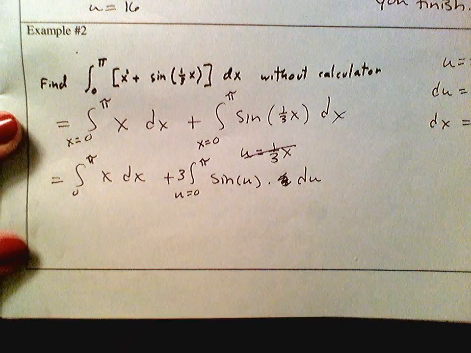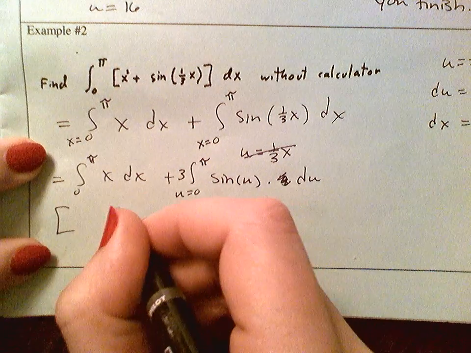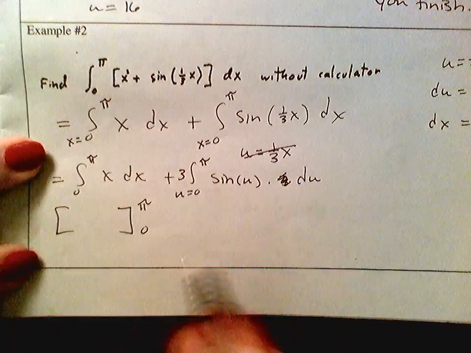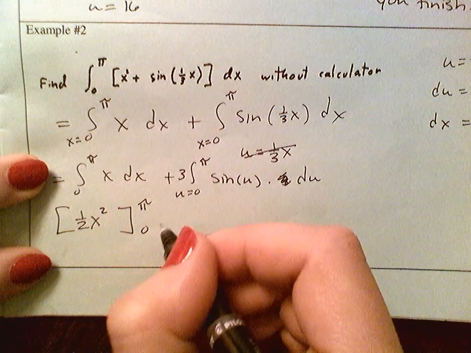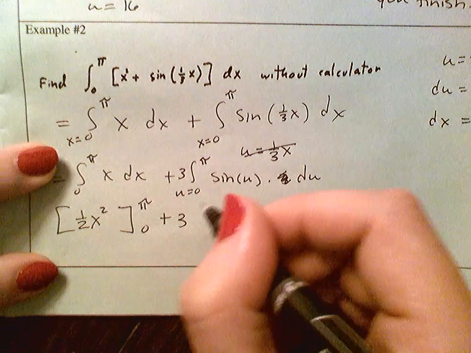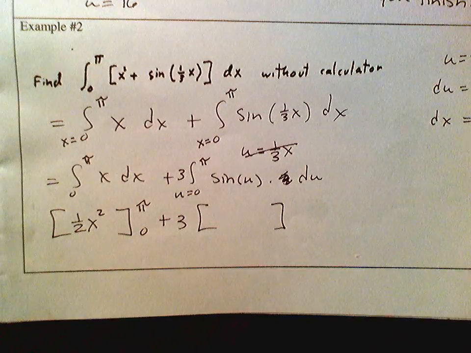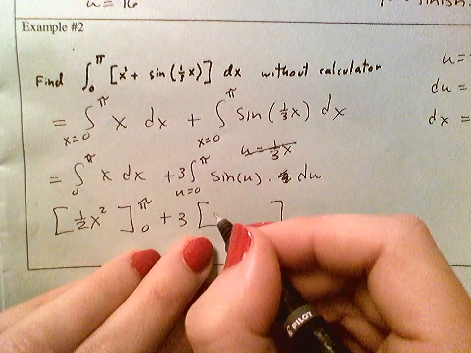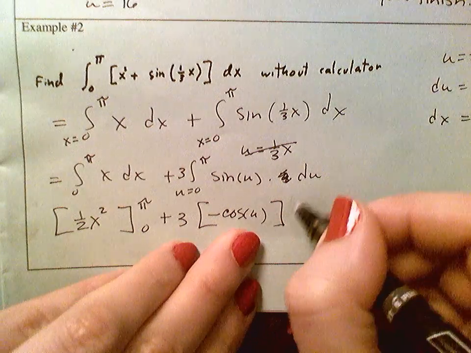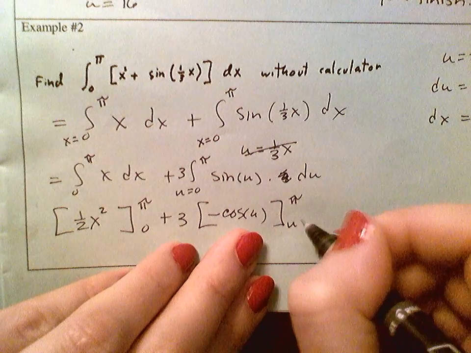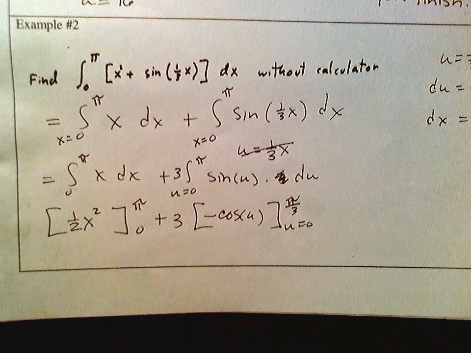Now I'm going to use the fundamental theorem of calculus on these. So I'm going to have brackets from 0 to pi. This is going to be 1/2 x squared. Bring down that plus sign, bring down the 3. Brackets. The antiderivative of sine of u is negative cosine of u. I messed up. That should be pi over 3.